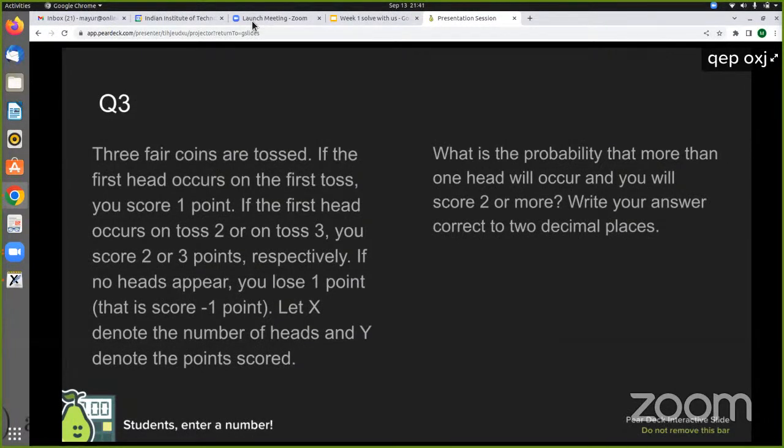So, no heads means one possibility, that is 1 possibility, and the score is minus 1.